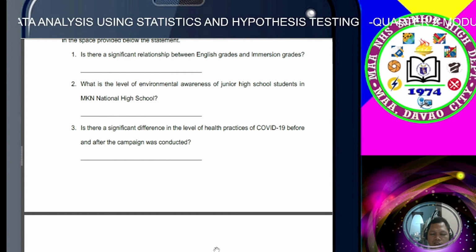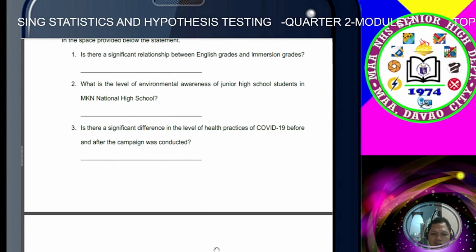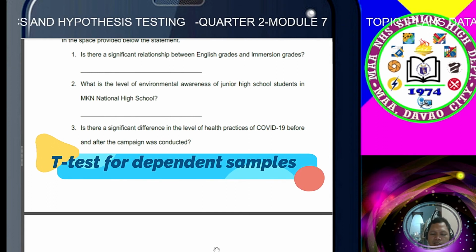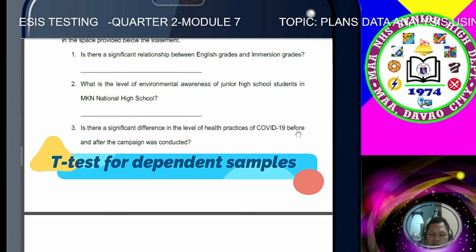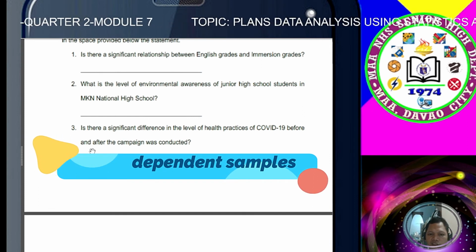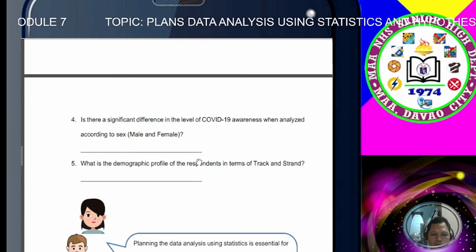Do you have your answer now? The correct answer is we'll use the t-test for dependent samples. Why? Because your clue here is before and after, so it's still the same group. Next, number 4.